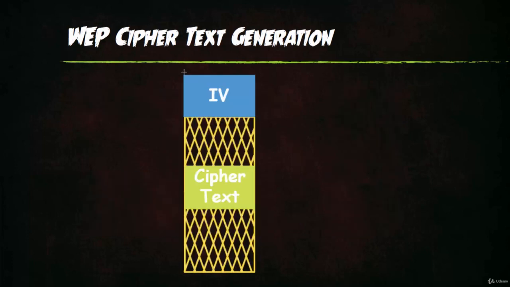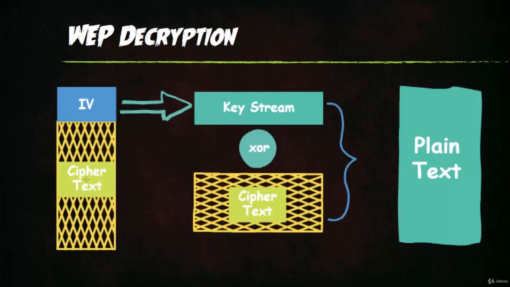We pass the ciphertext along with the initialization vector. Now, the ciphertext is in encrypted form, but this IV value, which is the initialization vector, is in plain text, right? So we pass this to the client or supplicant, we can say.